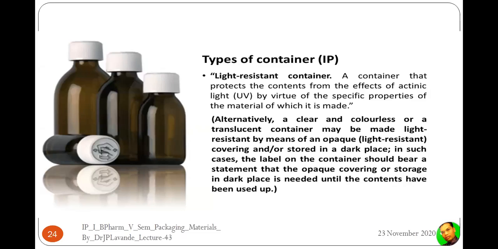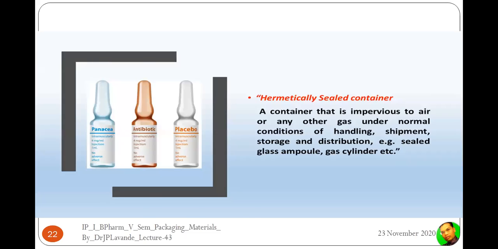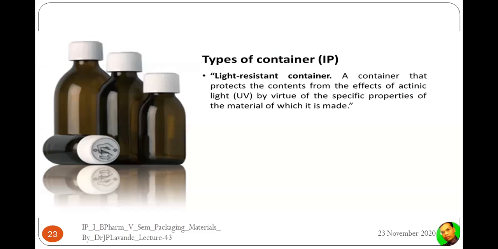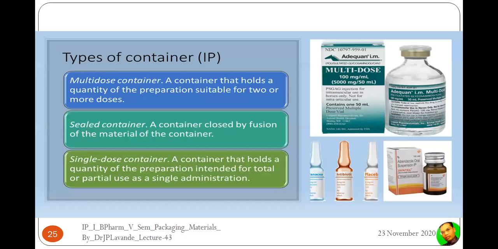So all these are the different types of containers, like say the light resistant container, hermetically sealed container, and the airtight container. These are going to be asked most of the time in the GPAT examination. So very clearly we should know the differences between these three.